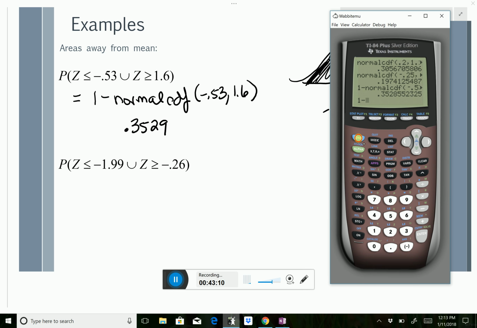Let's do this one. 1 minus normal CDF from negative 1.99 to negative 0.26. Again, this is on the same side, so the area between is going to be less than 0.5. So our answer should be more than 0.5.